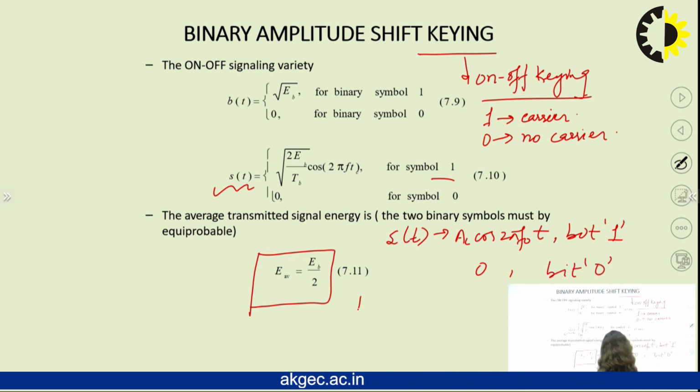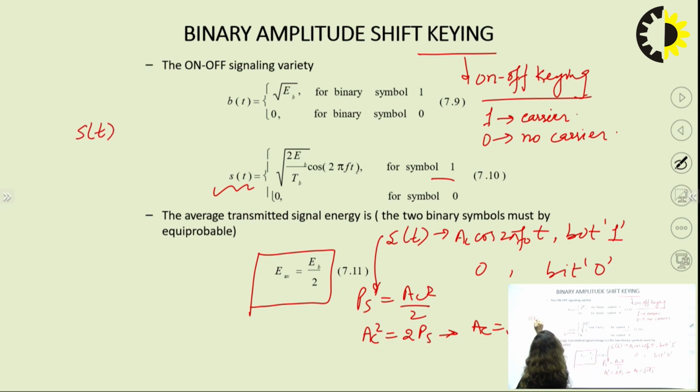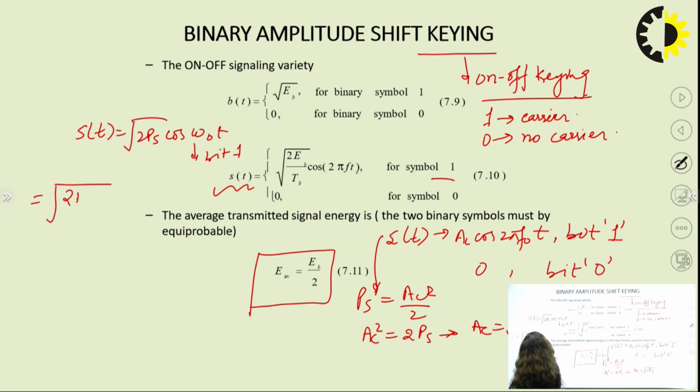We can take the power of this signal, PS, which is AC squared by 2, so AC squared is equal to 2PS, or AC is equal to under root 2PS. So we can write s(t) as under root 2PS cos omega naught t for bit 1, or, since power is energy per unit time, under root 2EB by TB cos omega naught t.